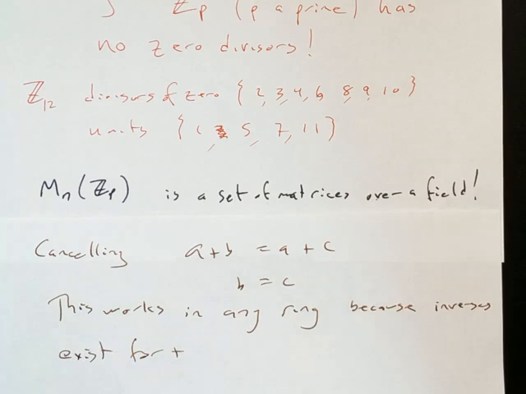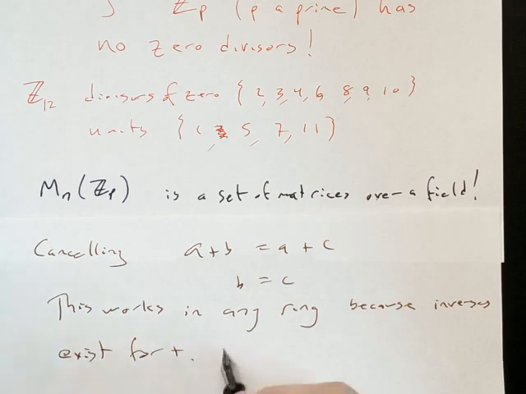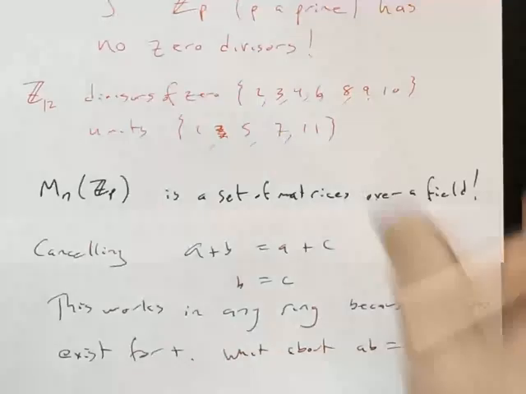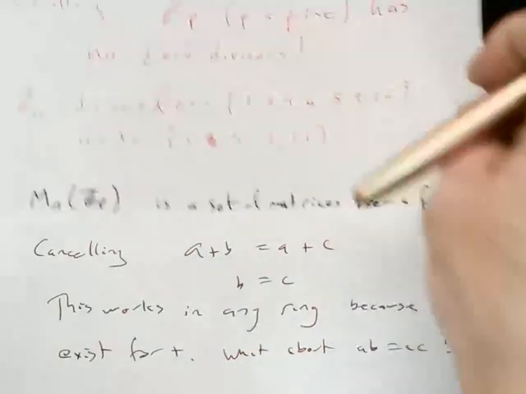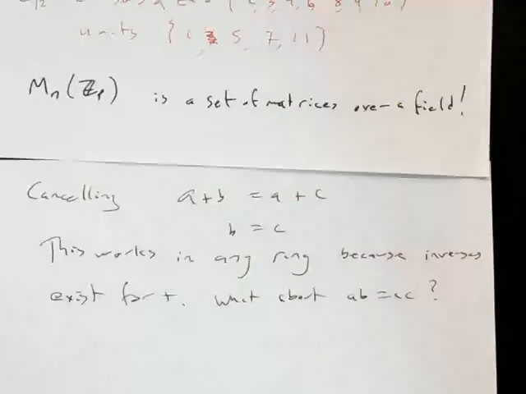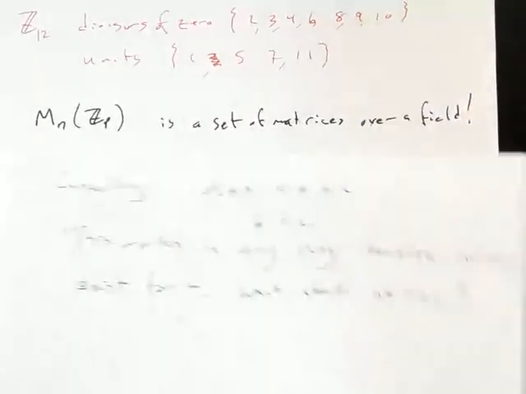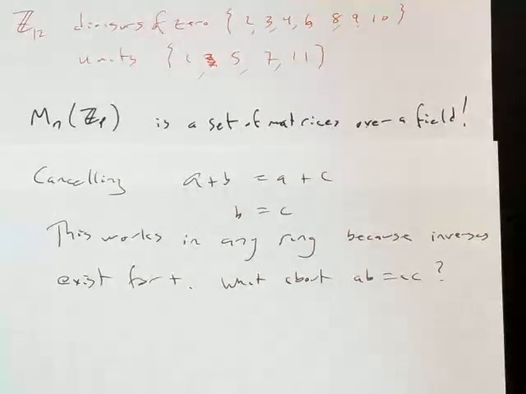Groups have inverses. But that means that for multiplication, I have a problem. And again, sneaking my way back into my linear class, it's a problem I've seen before. I can't cancel matrices because I don't know that they have an inverse.